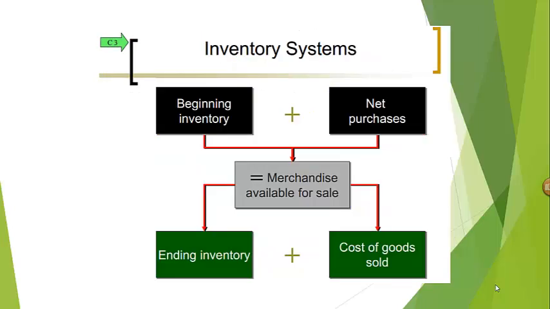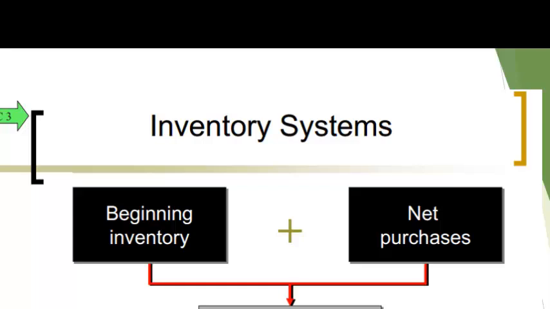So when we talk about cost of goods sold, this is the expense related to inventory. We need to understand this in the context of an inventory system. What you see here is the inventory system that is called a periodic inventory. A periodic inventory system is where inventory is counted at the beginning of the period and at the end of the period. So what you see at the top line here, we have beginning inventory.